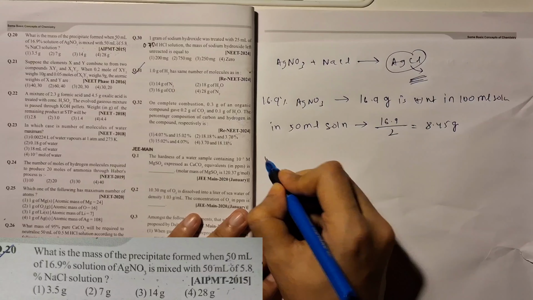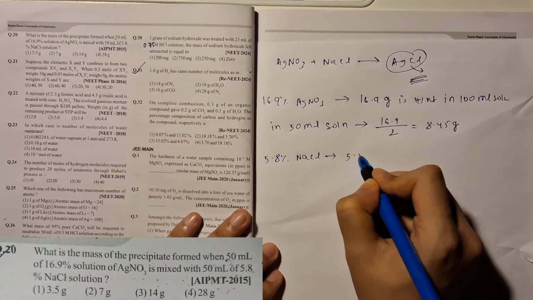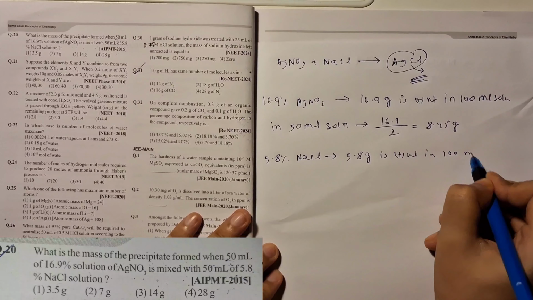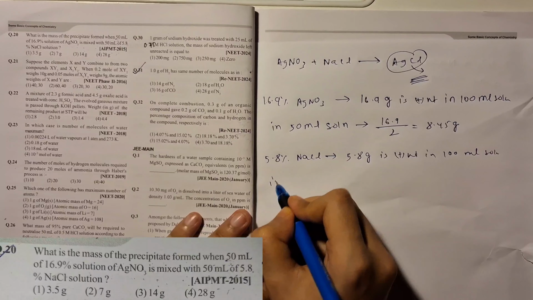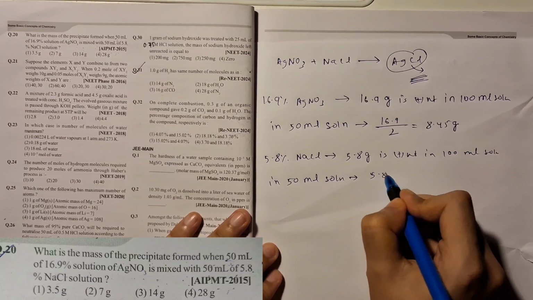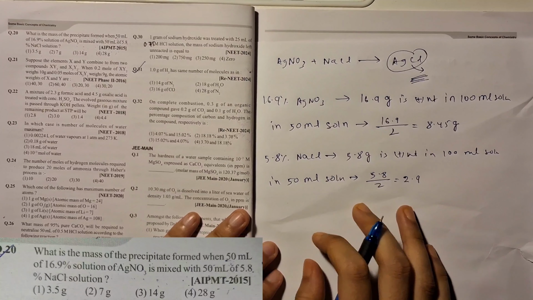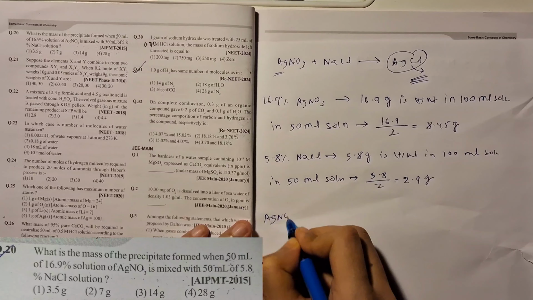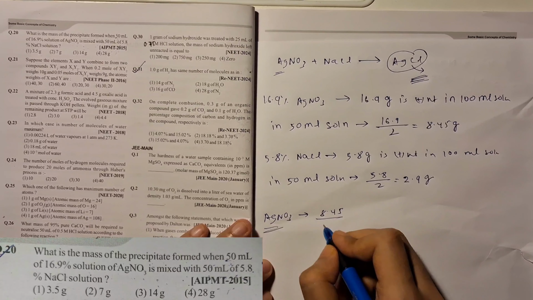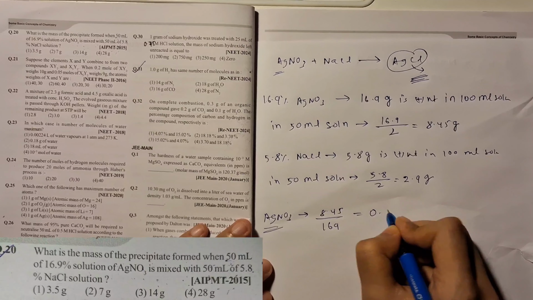And next, 5.8% NaCl, that means 5.8 gram is present in 100 ml solution, but the question is about 50 ml. So in 50 ml solution, there will be 5.8 by 2, and it will be 2.9 gram. Moles of AgNO3 in this reaction will be 8.45 by its molar mass, 169. So it will become 0.05 mole.